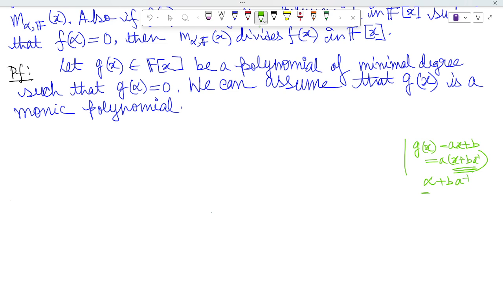If the leading coefficient is invertible, it is obviously non-zero, so some non-zero coefficient will survive. Since g(alpha) is 0, the result is 0. So the monic part will also satisfy this, and we can assume that g is a monic polynomial here.